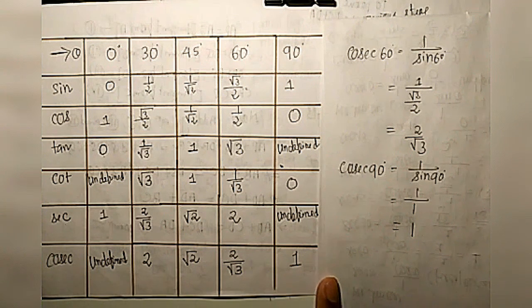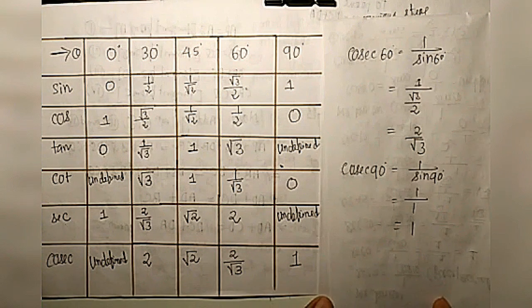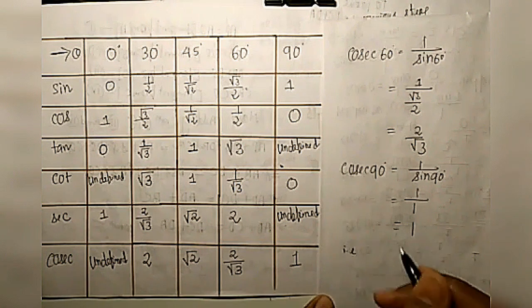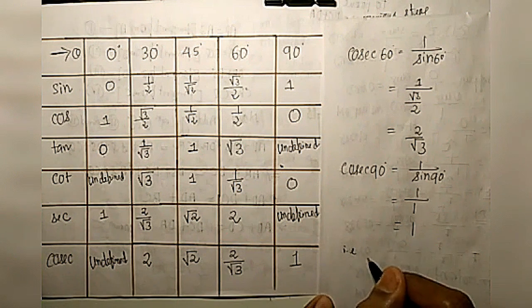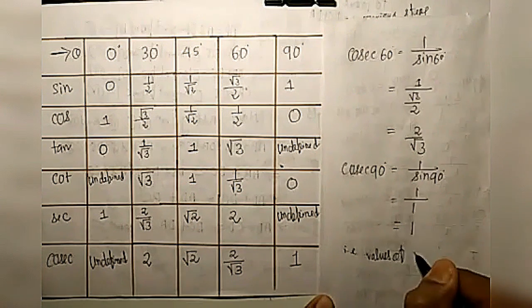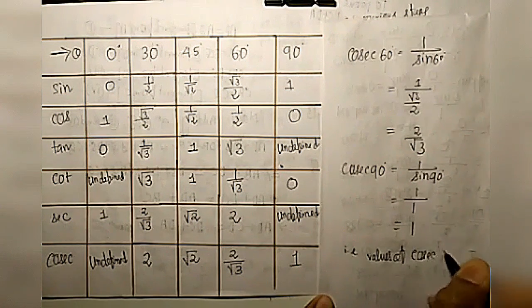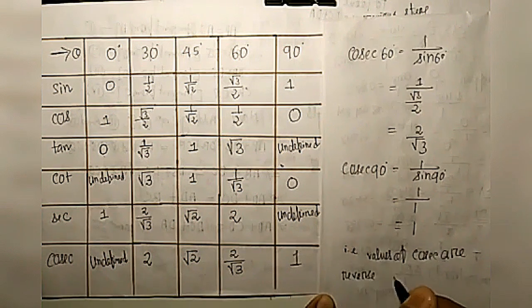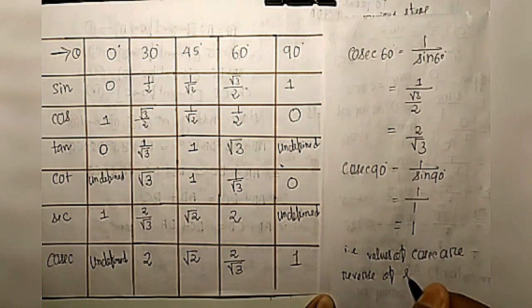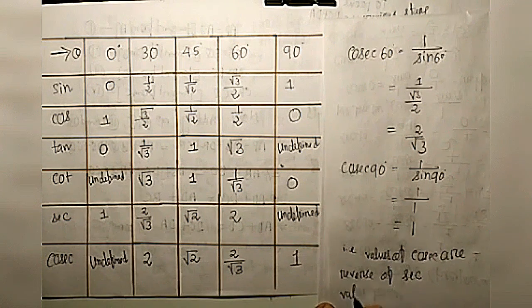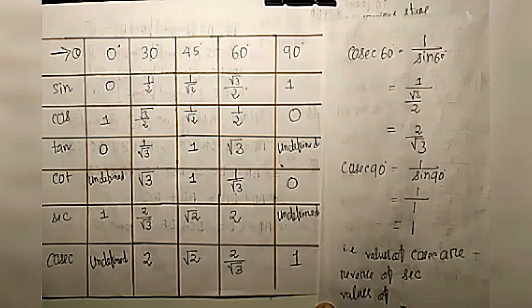So we have seen that the values of cosec are what? The reverse of the values of sec. That means writing the values of sec in reverse order, we get the values of cosec. Whatever the values of sec, we write them in reverse order and we get the values of cosec.